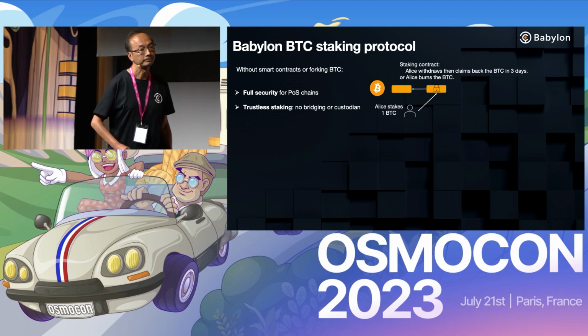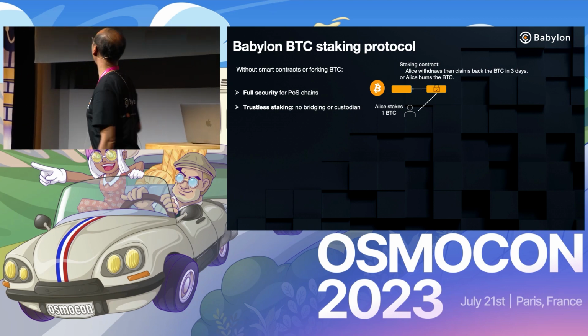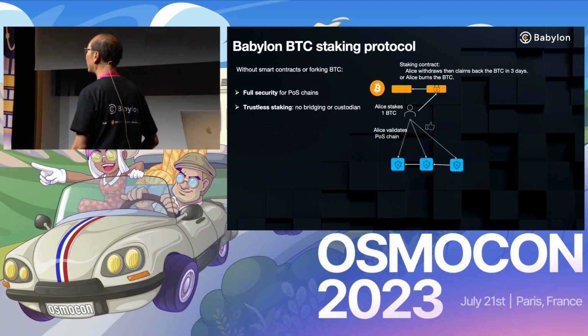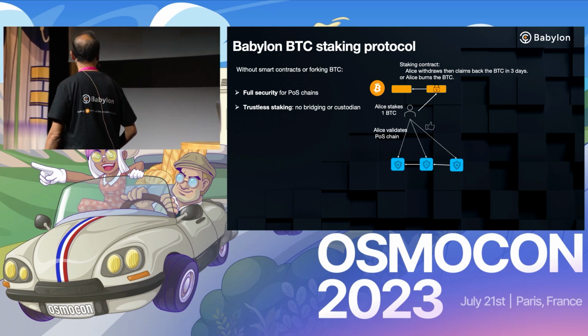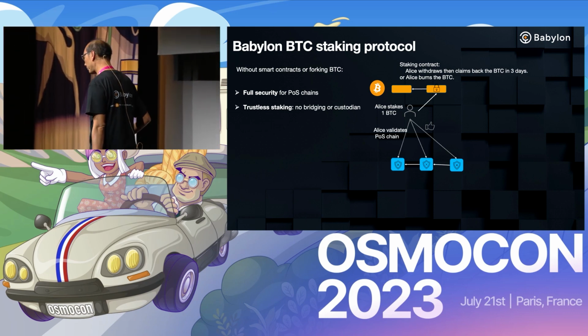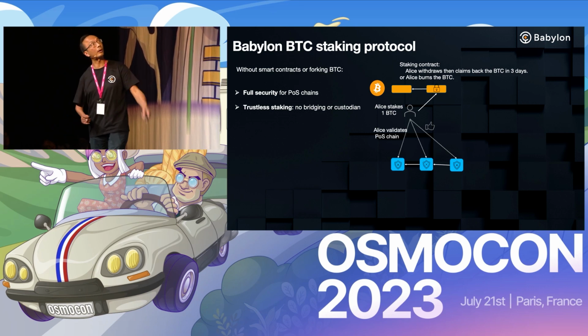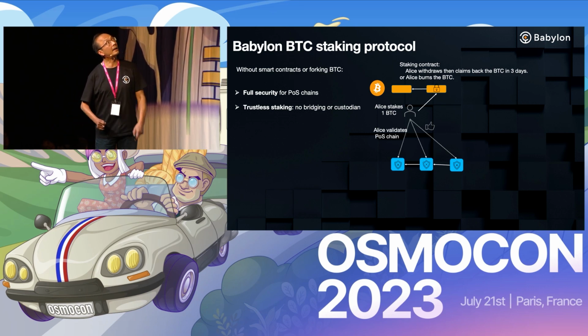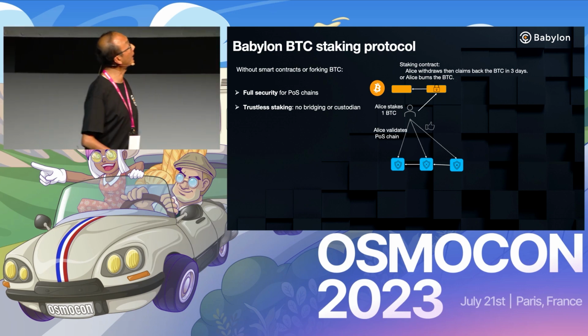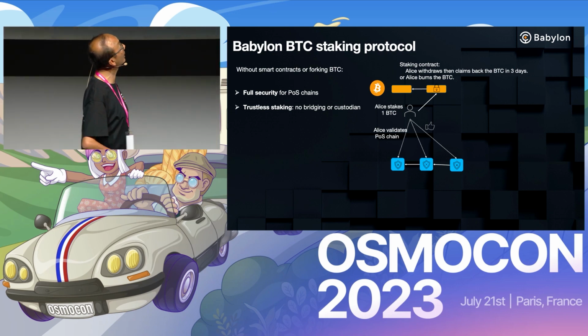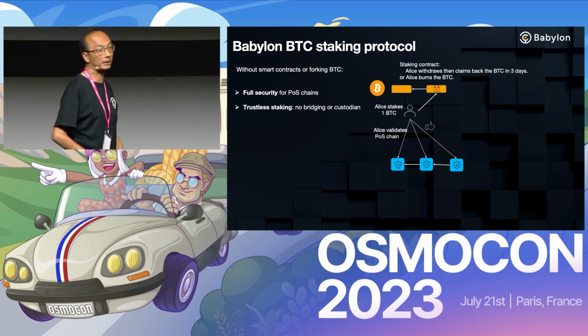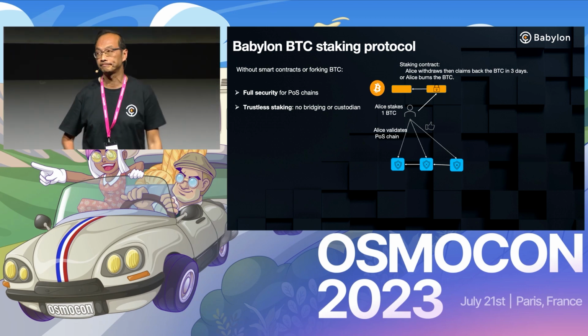All right, so let's see how this plays out. Once Alice signs the staking contract, she can now start validating a POS chain like Osmosis. So she is going to sign on the Osmosis block, and the signature she uses will be the same signature as she uses to control the Bitcoin address.